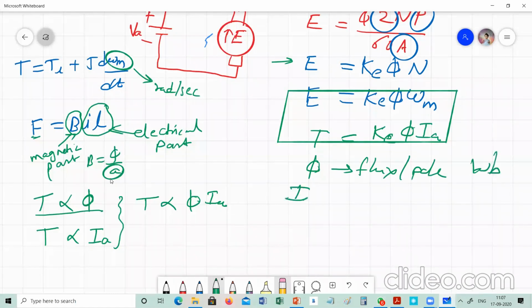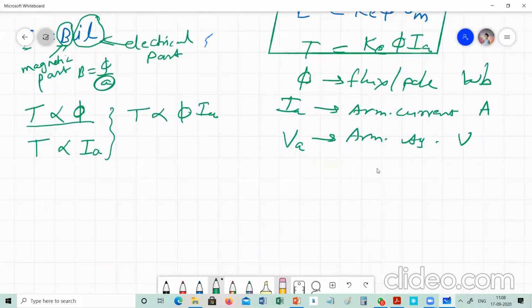Current Ia is the armature current. Its unit is ampere. VA is the armature voltage. Its unit is volts. Then RA is the armature resistance, the armature circuit resistance.